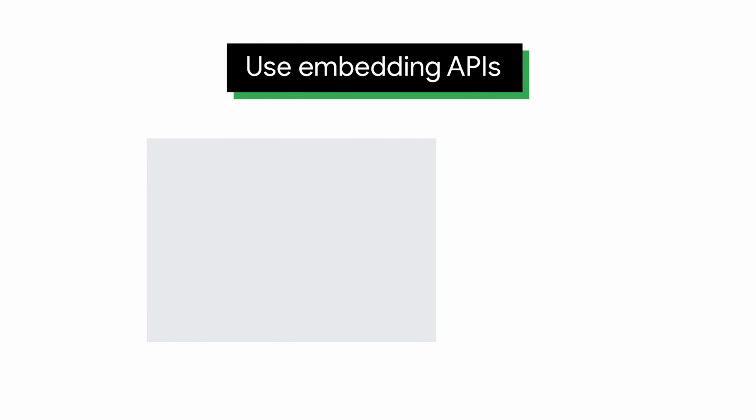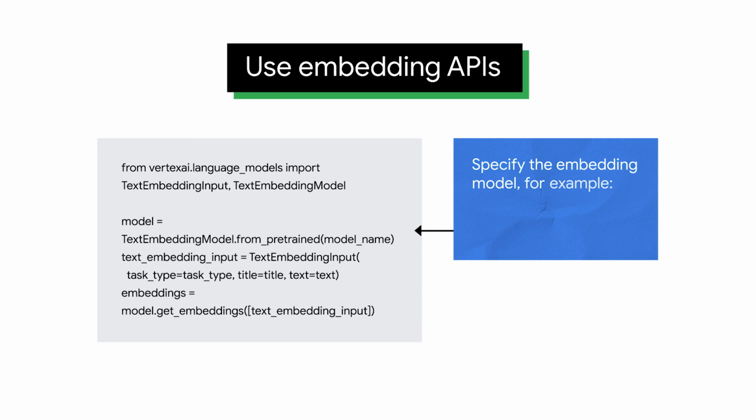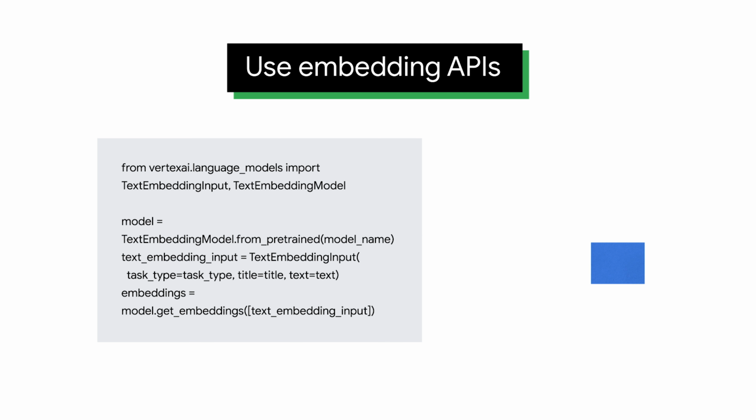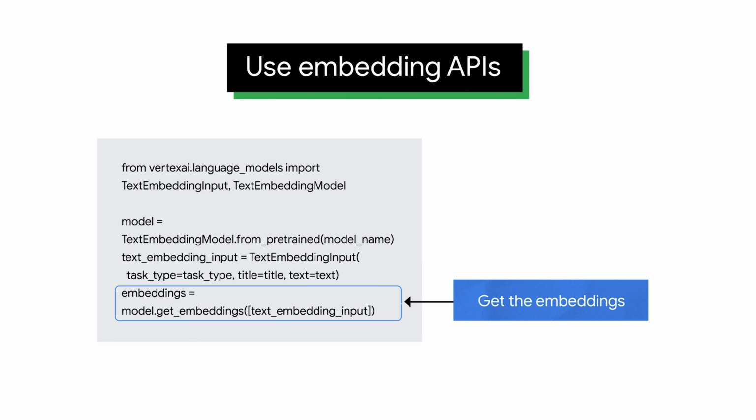Consider the following code example to see how simple it is to use embedding APIs. After importing the embedding libraries, you first need to specify the name of the pre-trained embedding model that you want to use, such as text embedding Gecko and multimodal embedding, both provided by Google. Second, you need to define the text input. Third, you need to get the embeddings.